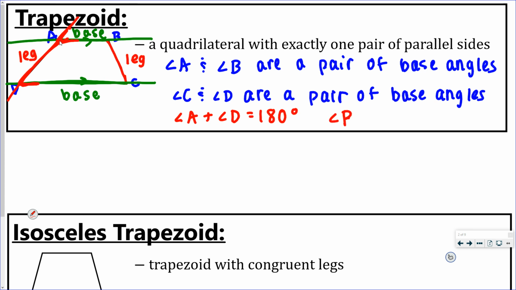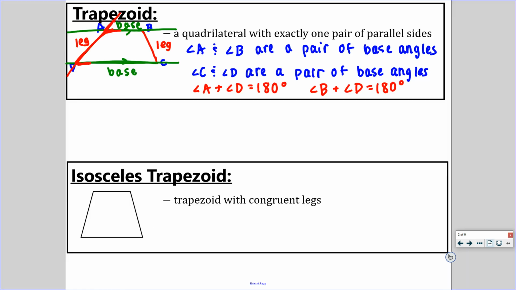So B and D would also be supplementary. Same reason. Okay, there's one characteristic with trapezoids. Now, we have a special type of trapezoids called isosceles trapezoids that are very similar to isosceles triangles. So isosceles trapezoids, still a trapezoid because I have parallel bases.